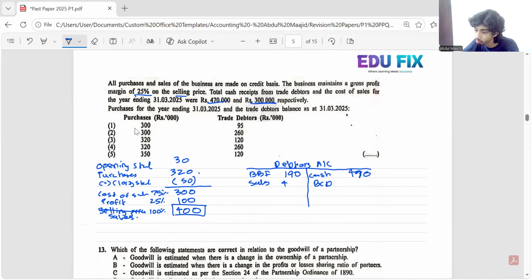Then you can put here 400, and the balance is 590. 590 minus how much was the cash? It is 470. 590 minus 470, you will get the balance in the trade debtors account as 120. Purchase value 320, debtor value 120. That is answer number 3.